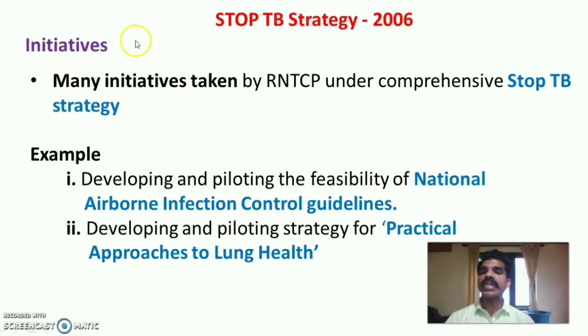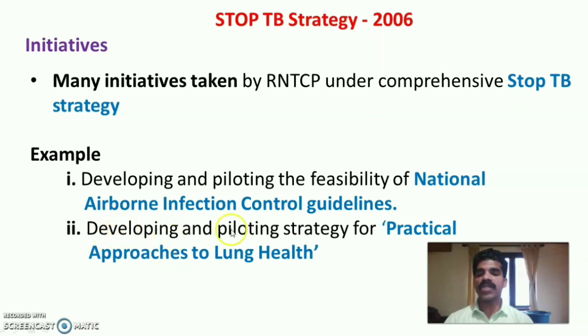Then second is the initiatives of the Stop TB Strategy 2006. Many initiatives, measures or steps were taken by RNTCP. An example is developing and piloting the feasibility of national airborne infection control guidelines. So under RNTCP, the national airborne infection control guidelines were introduced. What are the measures to control airborne infection?